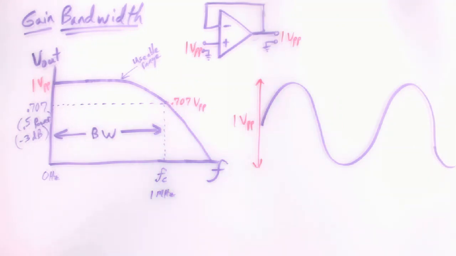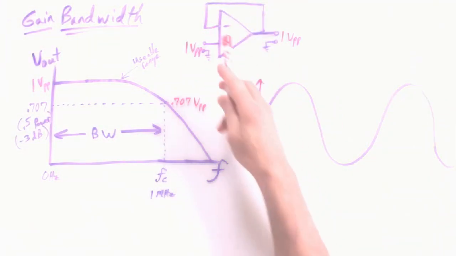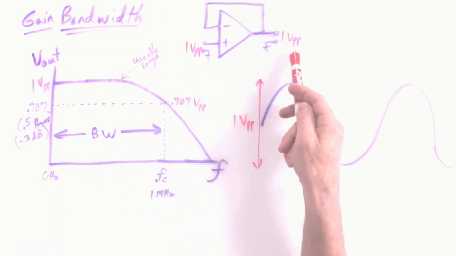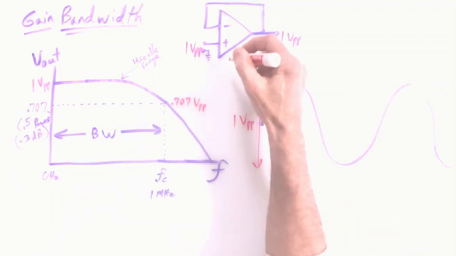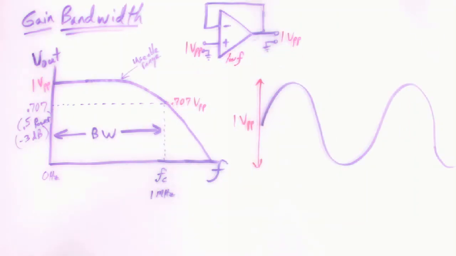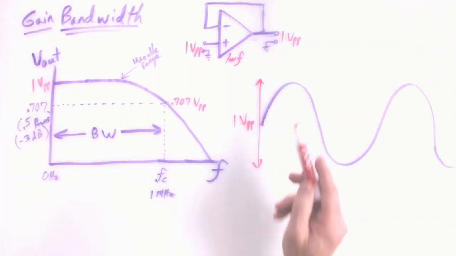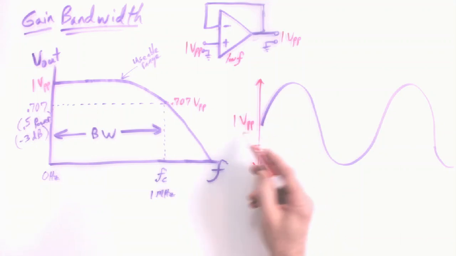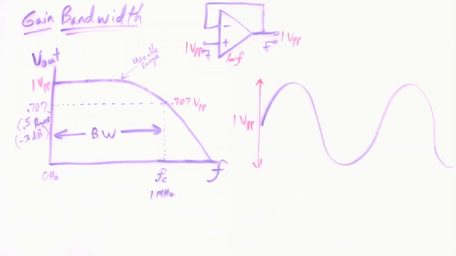So you'll have your op amp set up as a voltage follower, and simply put 1 volt peak to peak in. You'll get 1 volt peak to peak out, as long as you have a low enough frequency to start low, and things should be fine. And on your scope screen, you're not going to see the Bode plot. You're going to just see the 1 volt peak to peak sine wave that you have.